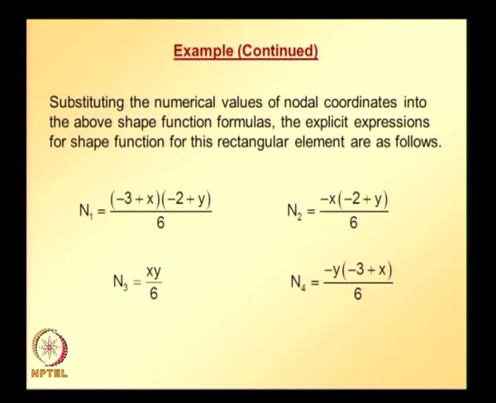To visualize how the shape function varies as a function of x and y over the domain of that particular element, we can actually plot n1, n2, n3, n4 as a function of x and y, with x varying from 0 to 3 and y varying from 0 to 2.